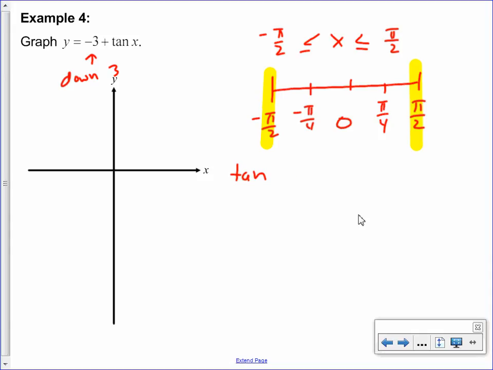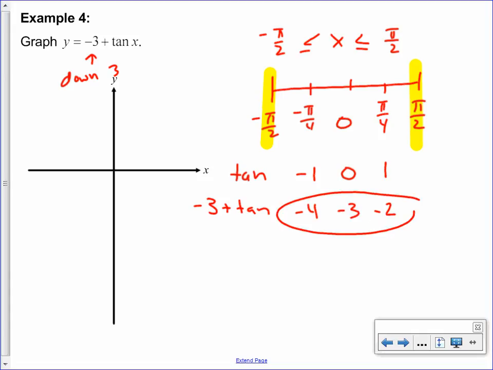negative 1, 0, 1, down to up, right? It's tan. Then negative 3 plus tan. So negative 3 plus negative 1 is negative 4, negative 3, and negative 2.